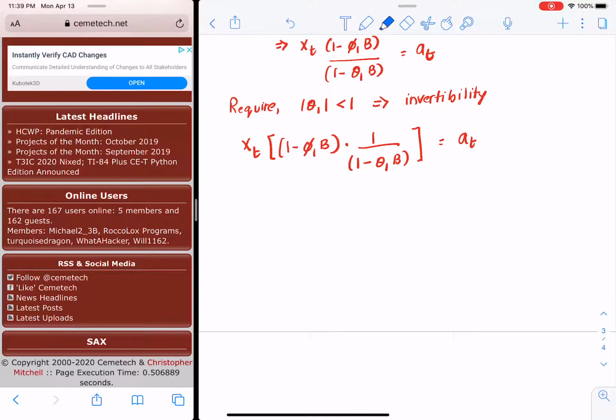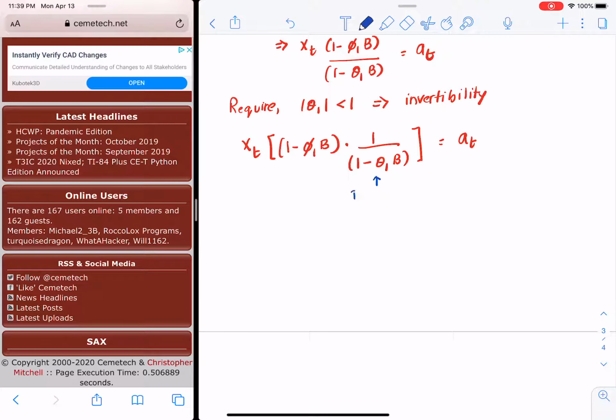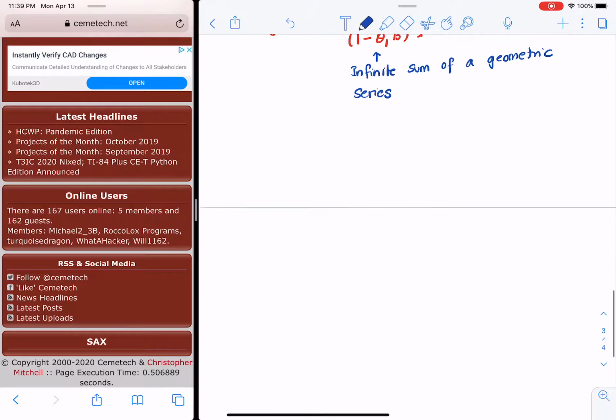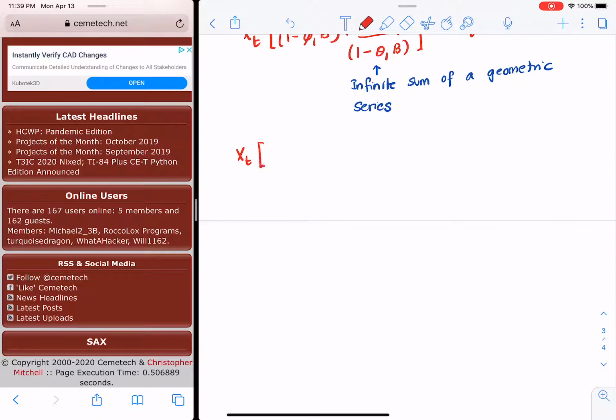Again, that is the infinite sum of a geometric series. So I could rewrite that as (1 minus phi1 B) times (1 plus theta1 B plus theta1 squared B squared plus theta1 cubed B cubed, and so on).